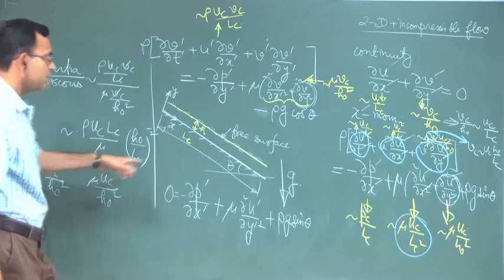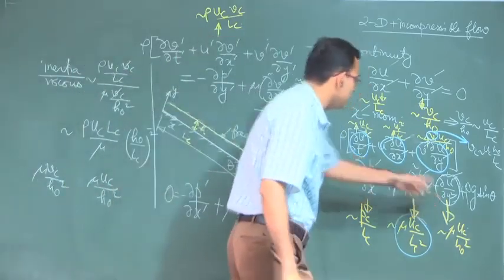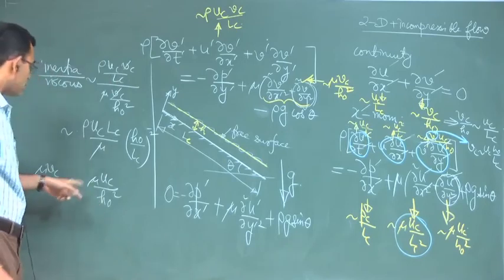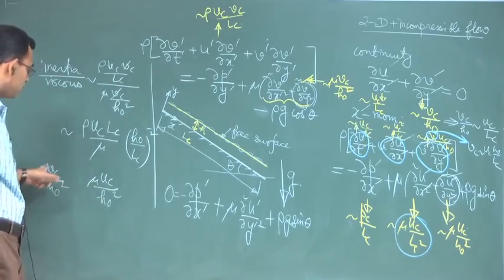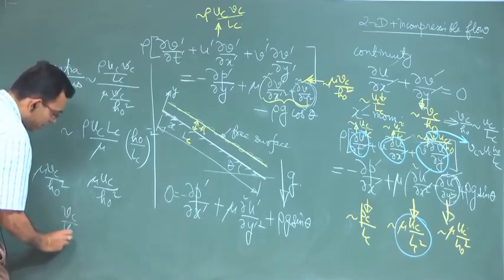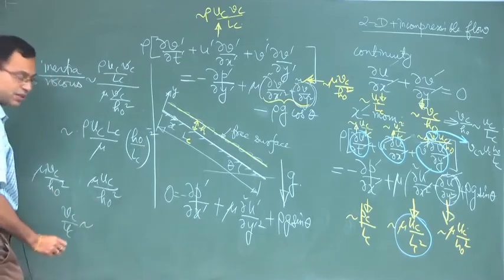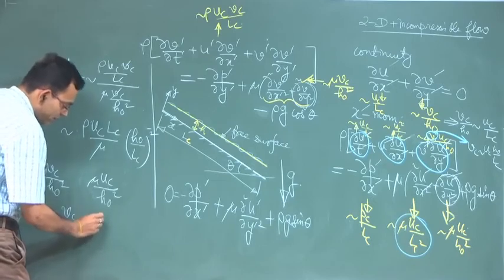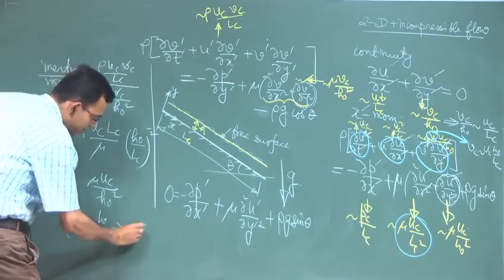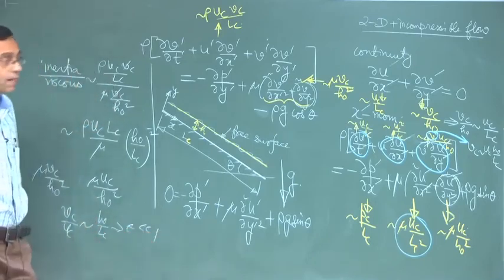So, that term which I have circled here is of the order of mu uc by h naught square. Its corresponding y momentum term is mu vc by h naught square. So, their ratio is vc by uc, and as per the continuity equation this is of the order of h naught by lc, that is epsilon, which is much less than 1.